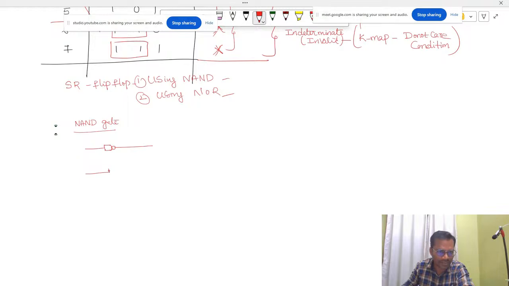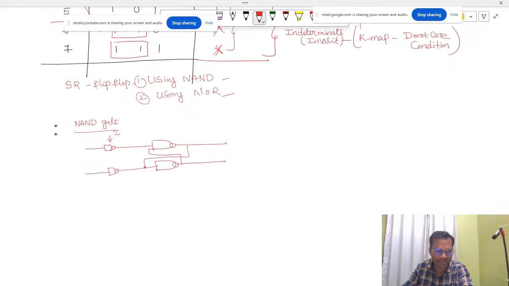Here also I take one input, perform negation, and get the output. These are called inverter gates. From these two inverter gates, I get one NAND gate, and this is another NAND gate. These two NAND gates are cross coupled. This is one cross coupling, and this is another cross coupling.